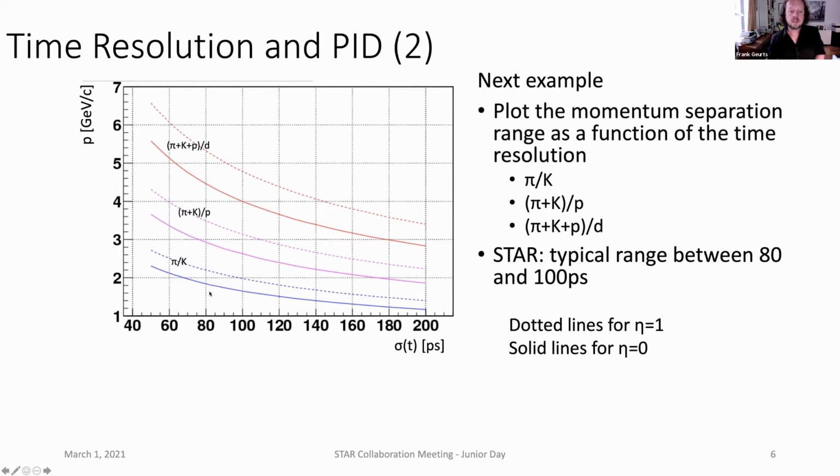And if you push the time resolution, which you'll hear coming back again and again in this talk, to lower, you can see how you further push the overlap away, where pions and kaons start to overlap with protons. You can see this here as a function of time resolution.